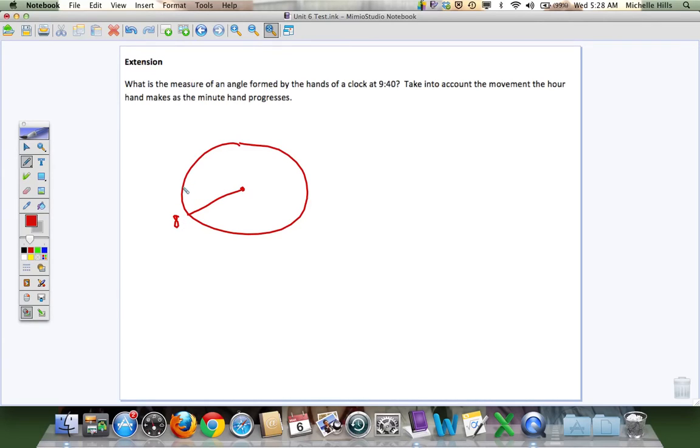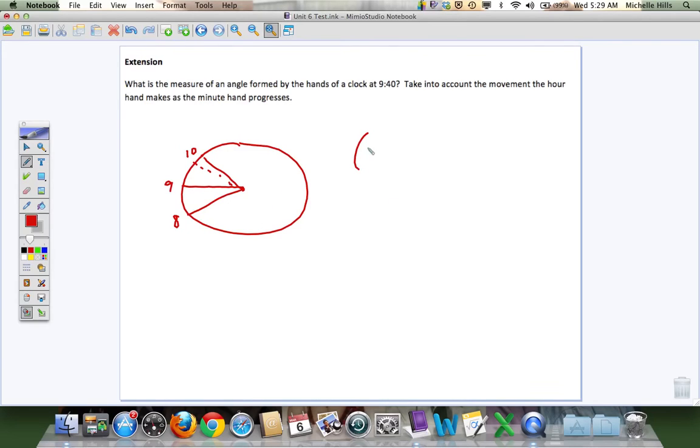At 9 o'clock, the large hand's on the 8. At 9 o'clock, the small hand is on the 9, but by 9:40 it has moved and is partway between 9 and 10. So here's 10, and the hand is actually here. It's not quite to 10 o'clock.